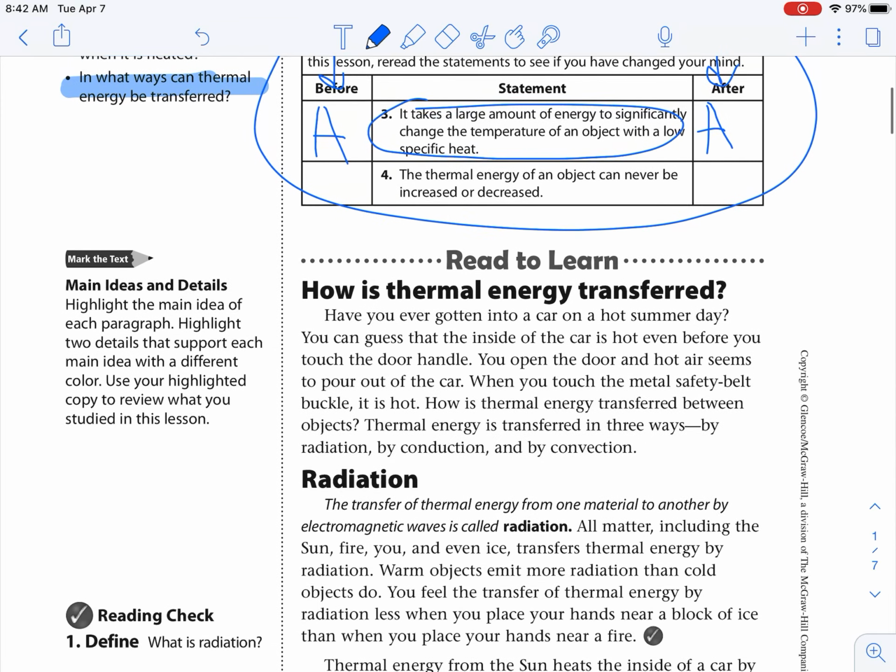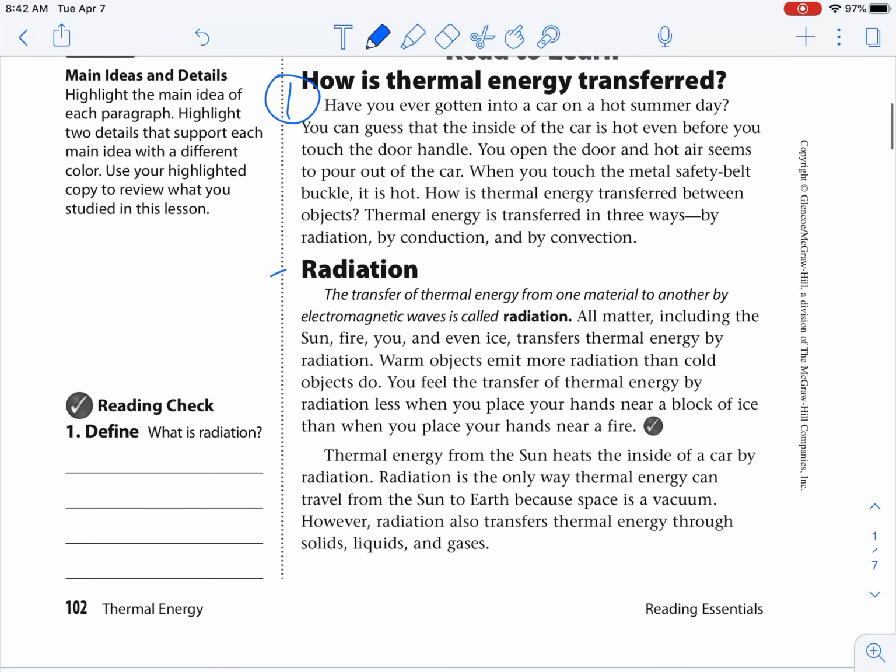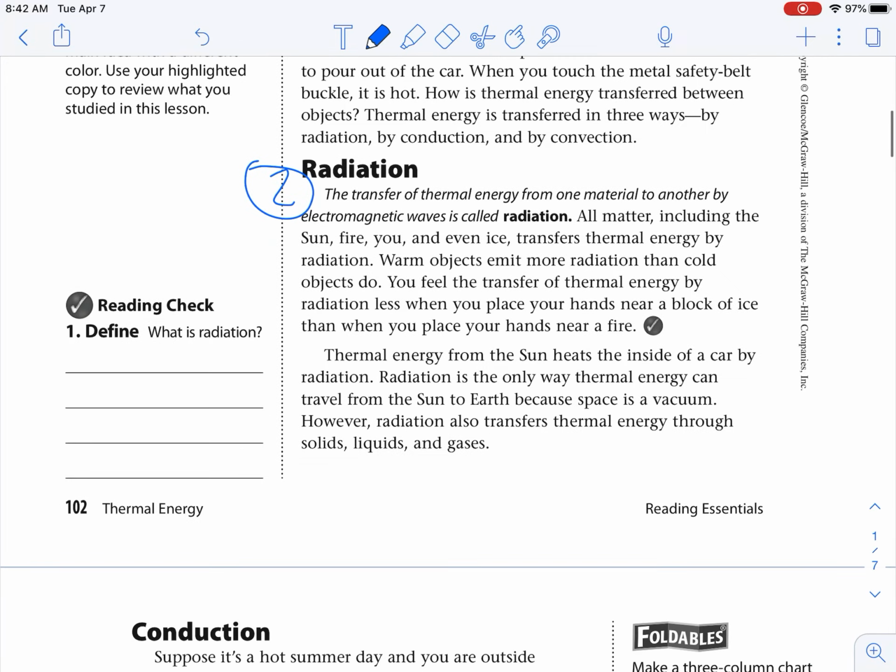The first thing we do when we mark the text, we've done this in class, is we number our paragraphs, and that's just going to help you so you can refer to the reading when we talk about it in class. So this is our first paragraph. It's going to be paragraph 1. Paragraph 2. Paragraph 3.